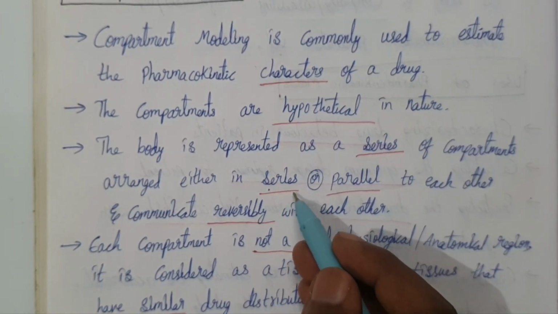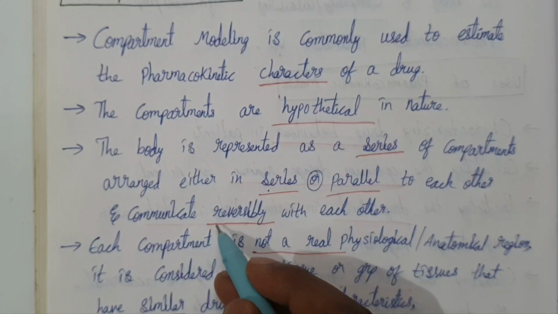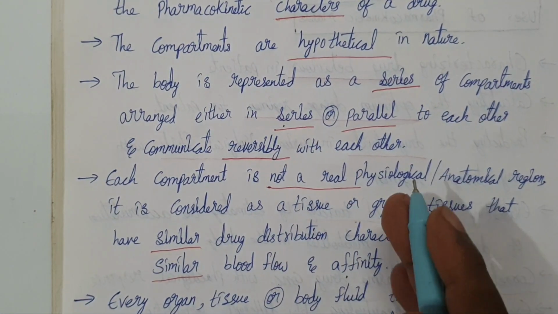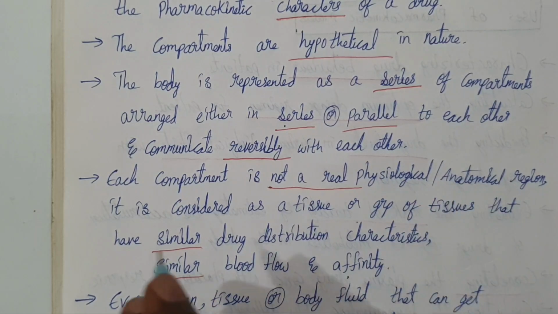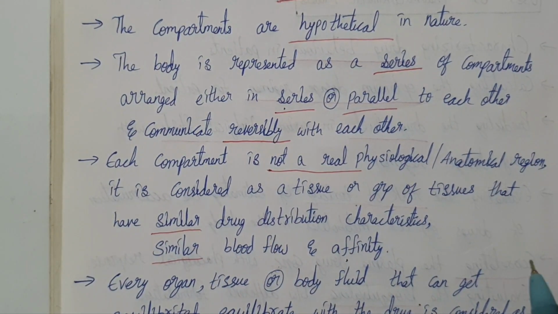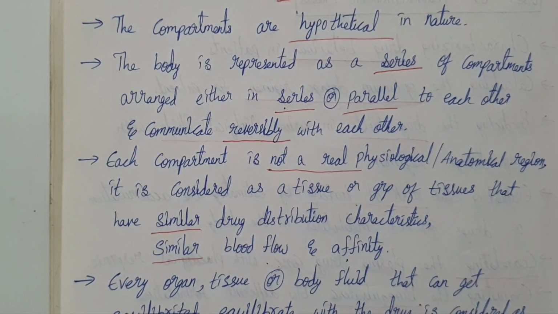These compartments can be in series or parallel and communicate with each other. Each compartment acts like a tissue or group of tissues with similar blood flow and drug affinity.